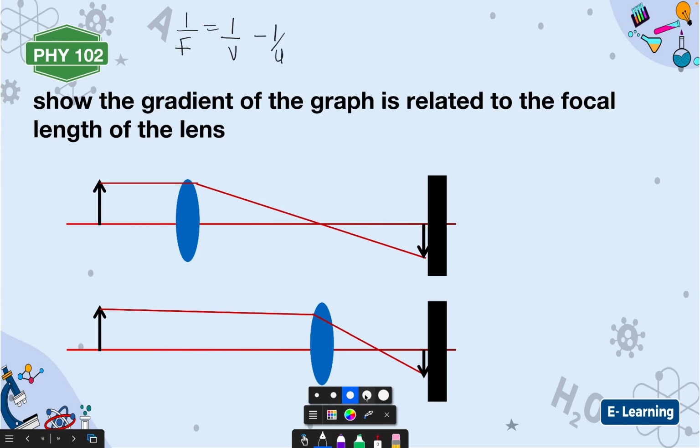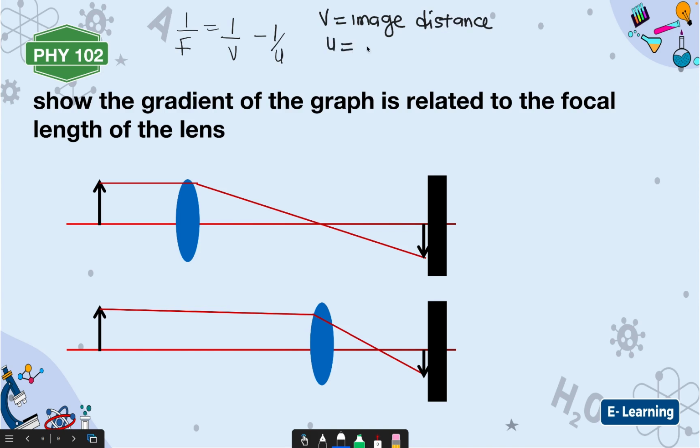That was what we were taught with the mirror formula, where f is the focal length, which is what we are looking for, v is the image distance, and u is the object distance.